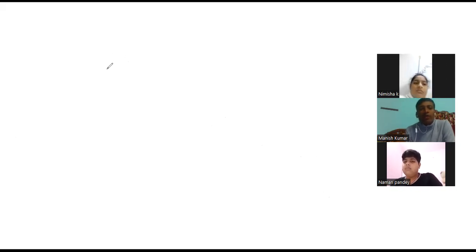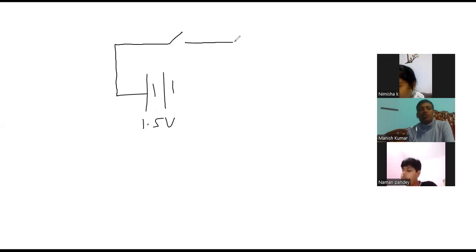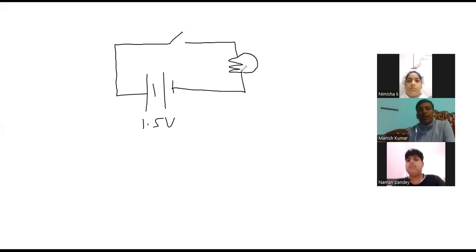Now we will be drawing an electrical circuit. What does an electrical circuit consist of? Basic electrical circuit. Like there will be, first of all, a power supply. We are taking 1.5 volts, suppose, from a battery. Now there should be a wire also, and there should be a switch also, and there should be an element like a resistive element, or you can give a symbol like a bulb, which glows.